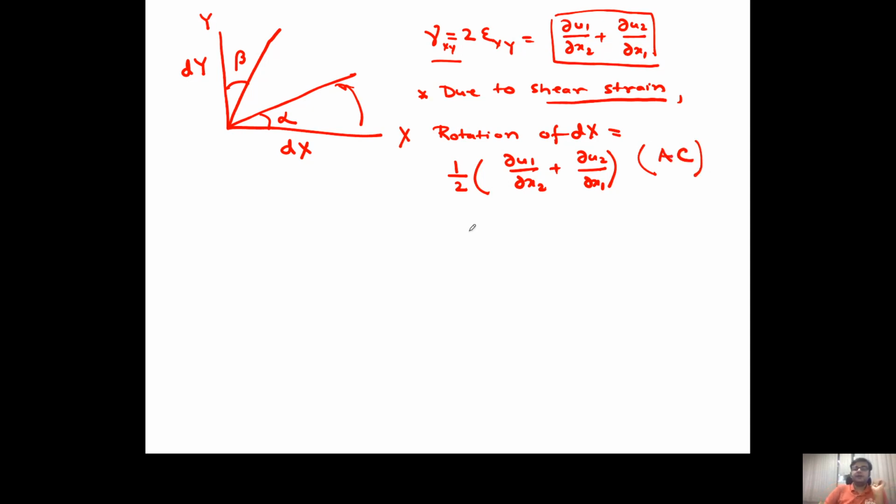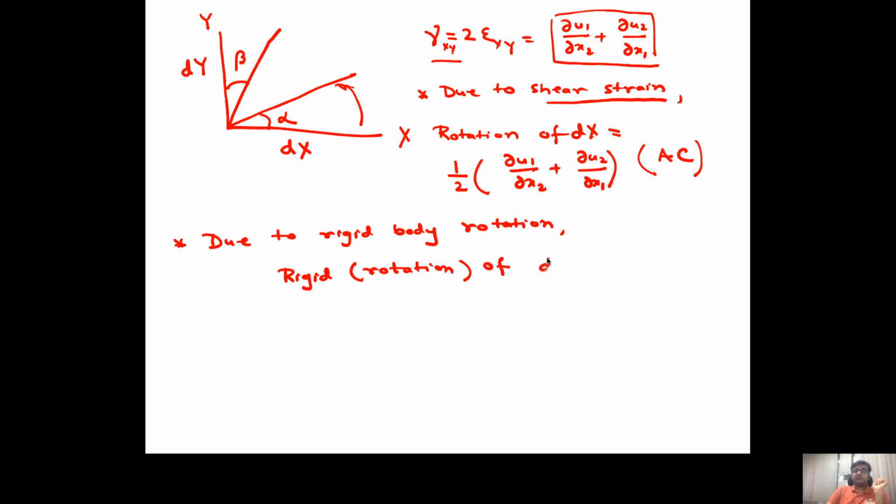Okay. And then due to rigid body rotation, which is W, the rigid rotation of dx is half del u1 del x2 minus del u2 del x1.